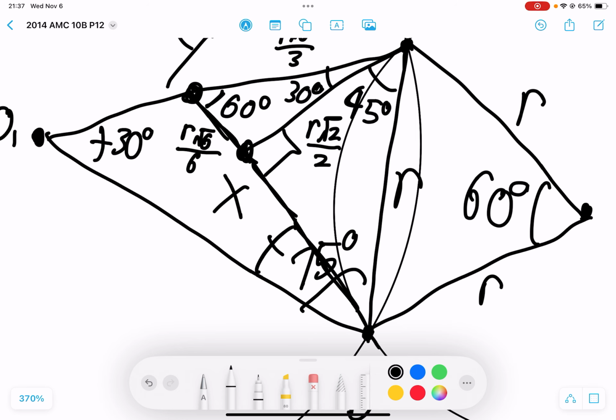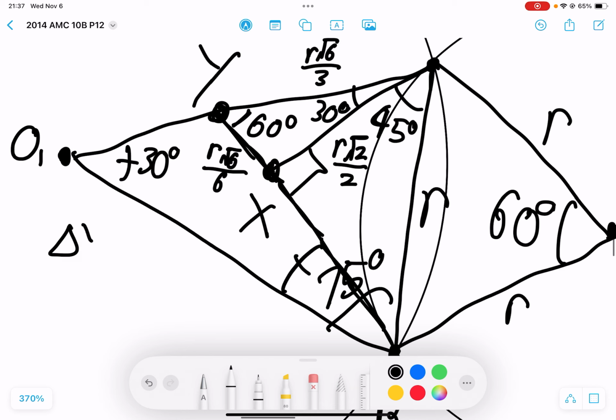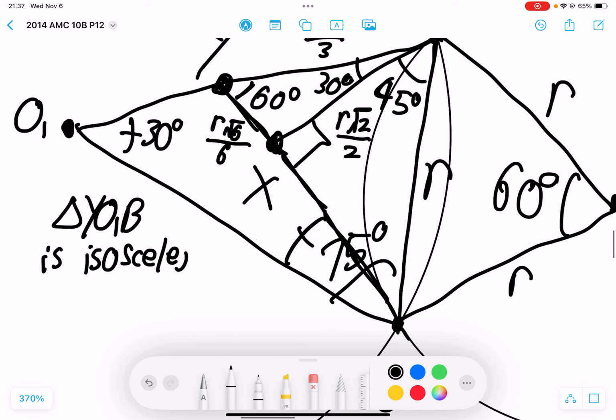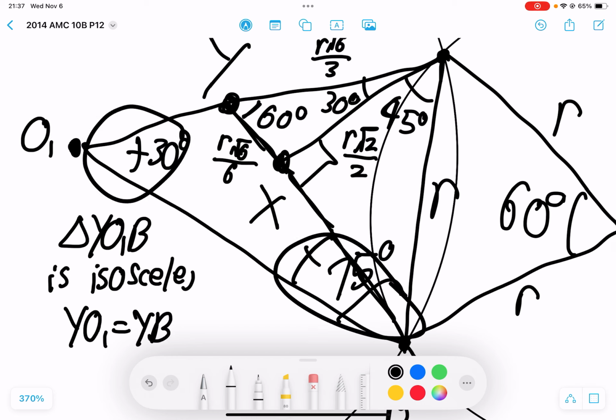Right, so this means that YO1B, this triangle, is isosceles. Anyways, though it may not look like it, YO1 equals YB, because these two base angles are the same. So graphs are not always accurate.